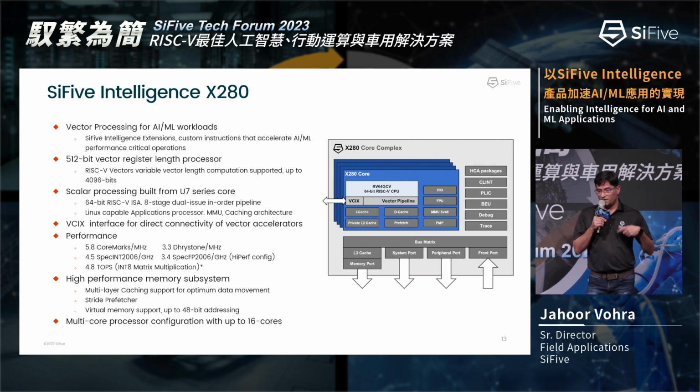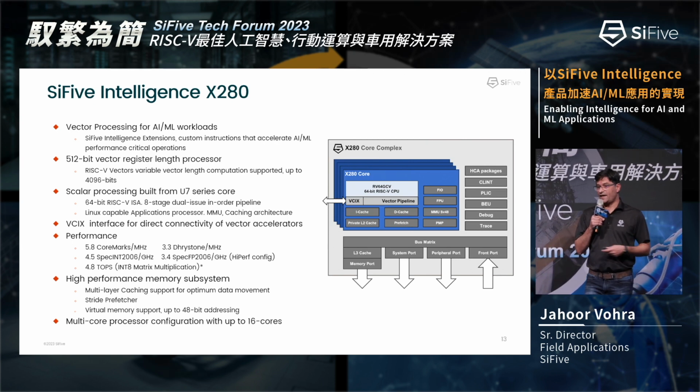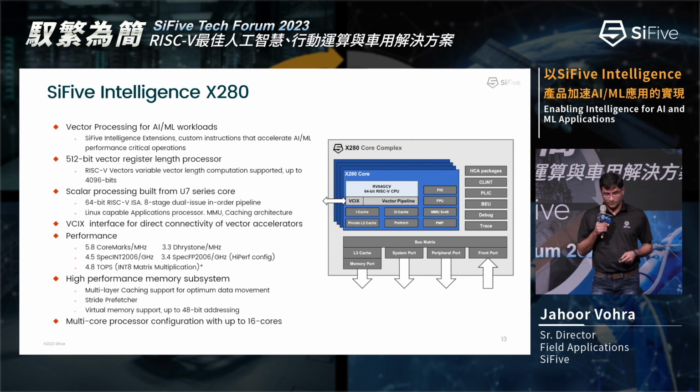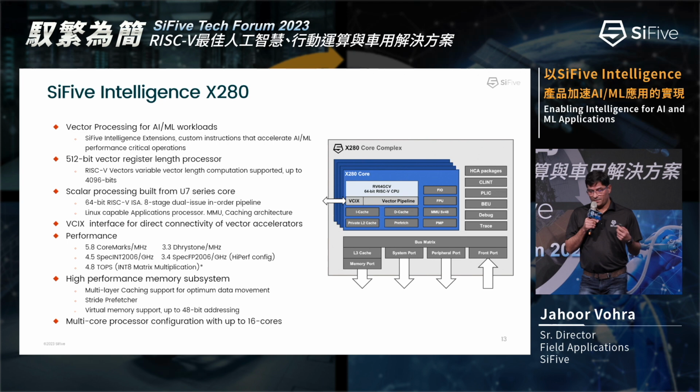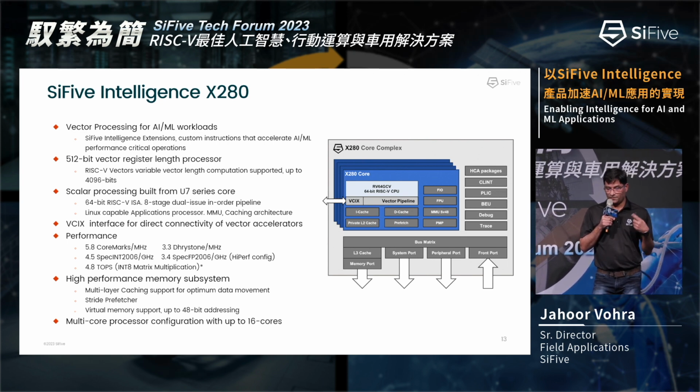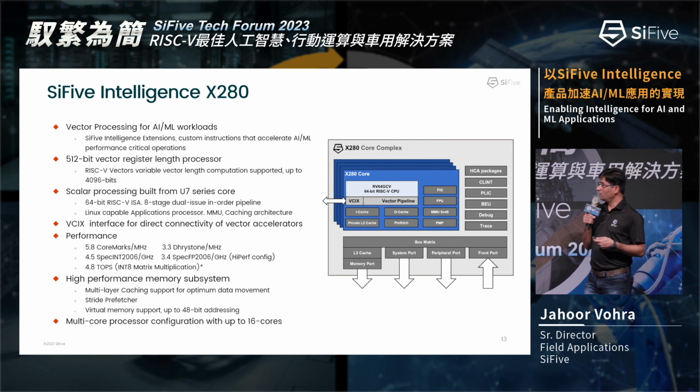But given the flexibility that we provide with the architecture, you can certainly scale the core and very easily attach hardware accelerators to deploy an AI solution. The memory system is a tiered memory system. It is configurable. So we have a tiered 3-level cache hierarchy, but we also support local memories.